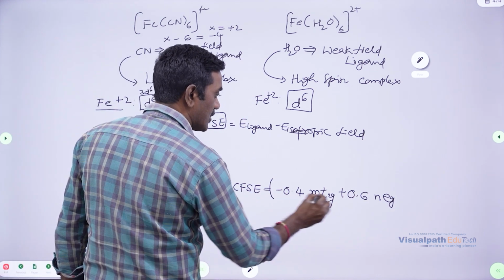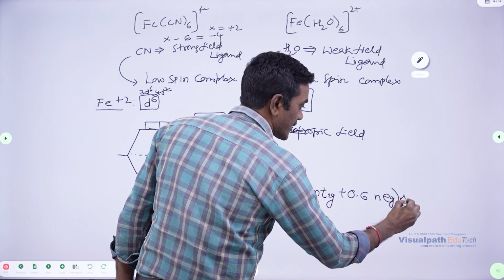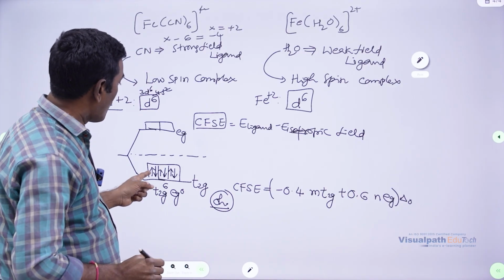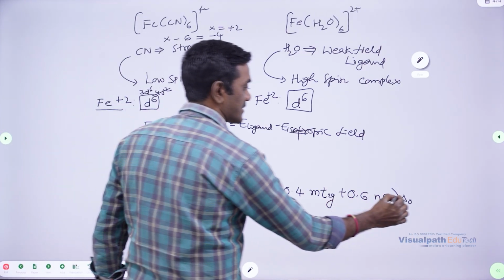This comes under delta naught. And plus, how many electrons are paired here? 1, 2, 3. 3 are paired here.